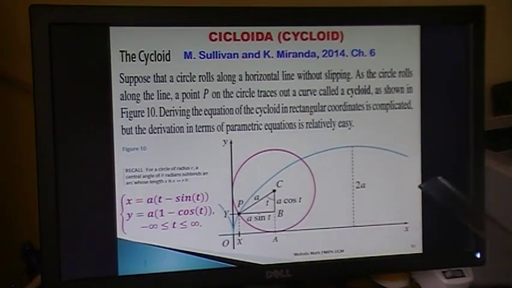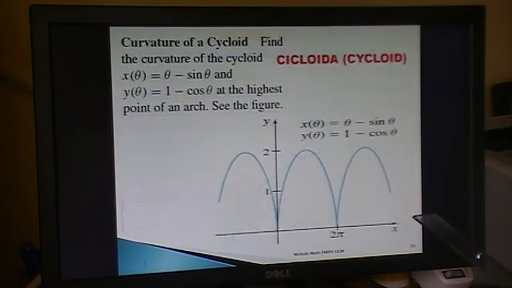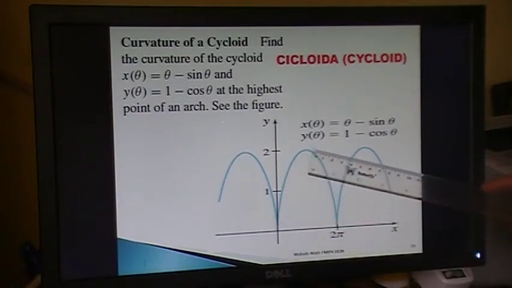many times, infinitely many times. But if you only roll the circle one time, you have only one curve like this.